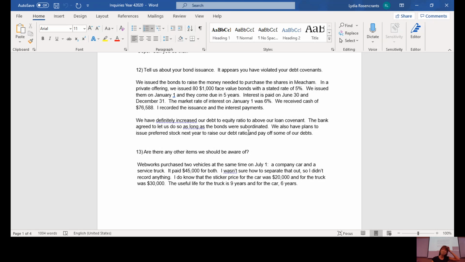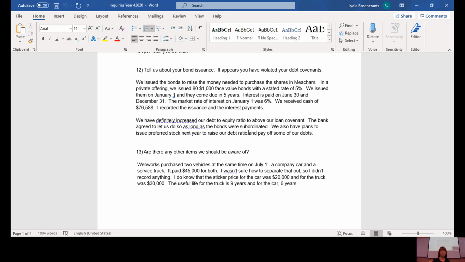So usually it's things like dividends, like you have to have a certain level of retained earnings to pay dividends. There's a limit on the dividends you can pay. There's a limit on your debt to equity ratio maybe. So it just puts limits on the company that borrows the money to protect the lender. The current ratio typically has to stay at a certain level, things like that.